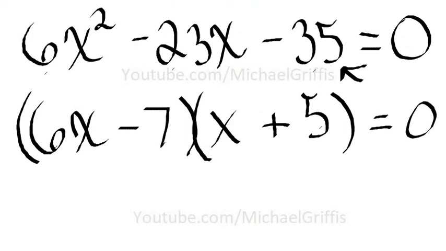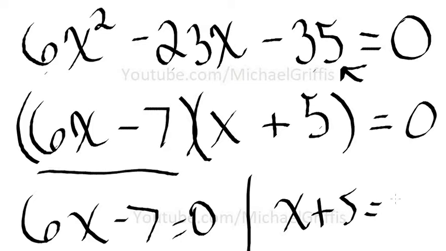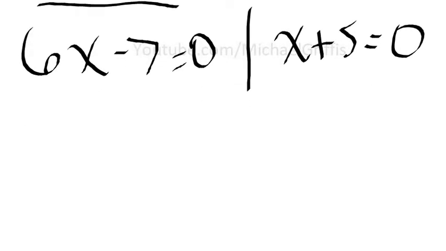Okay, so let's take this term, set it equal to 0, 6x minus 7, and solve for x, and then x plus 5. We're solving for x in this first linear equation, and that's going to give us x is equal to 7/6.